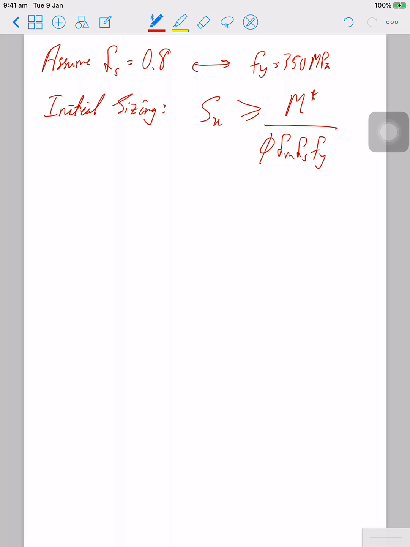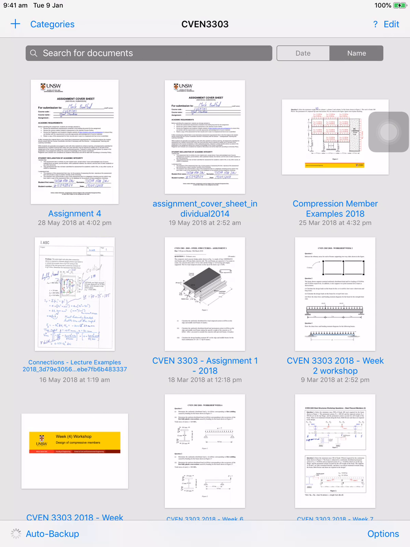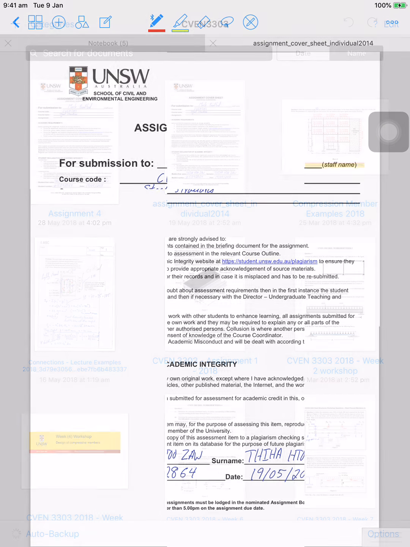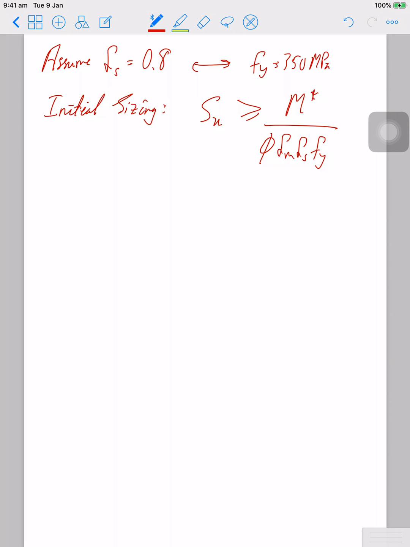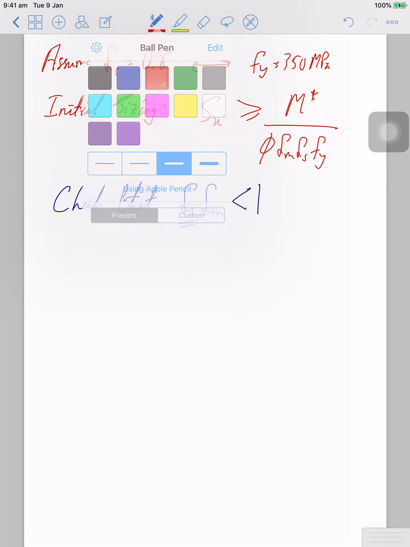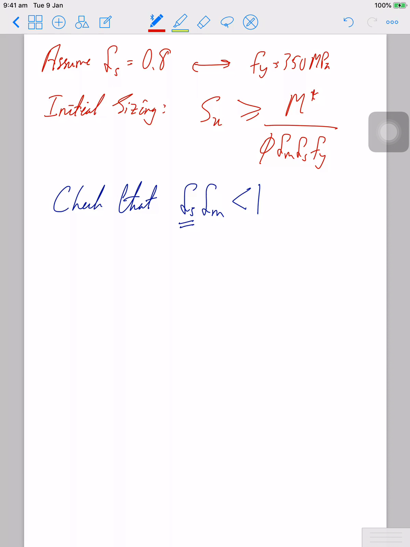And one important thing is that check: the value that you assume must make sure that the multiplication of your factors is less than 1. Your assumed factor. Else you need to change your assumption.